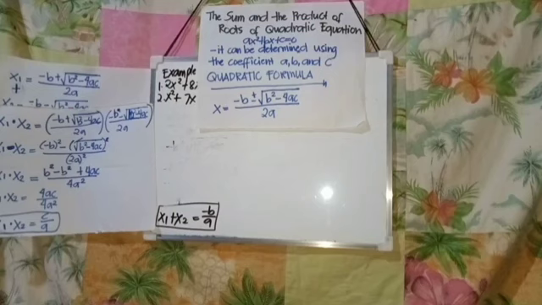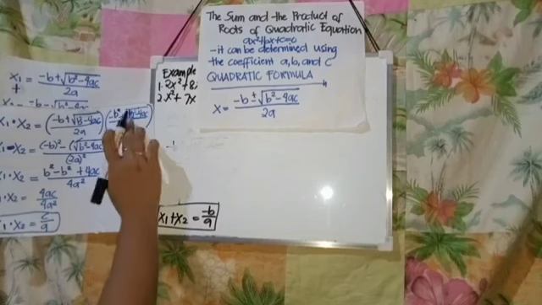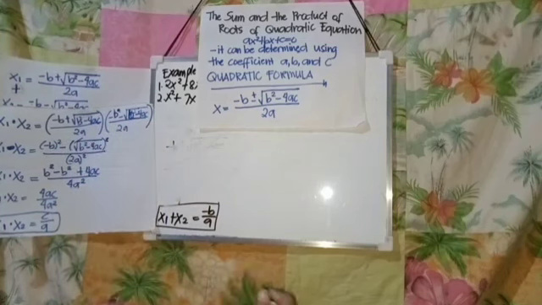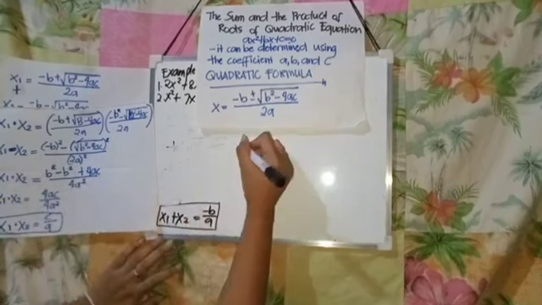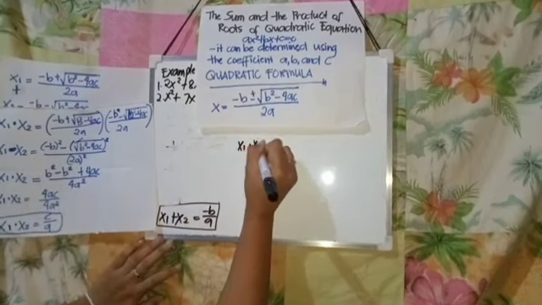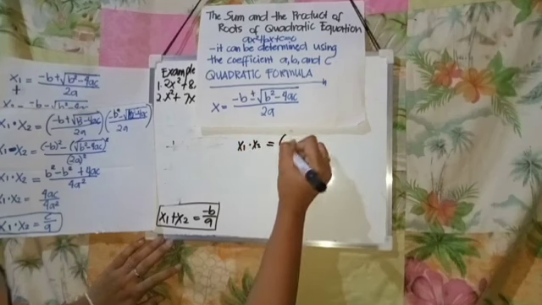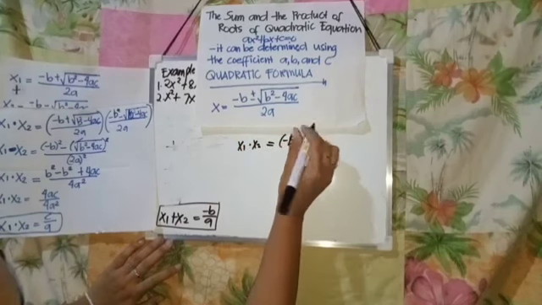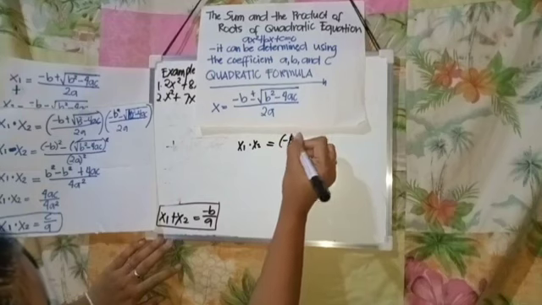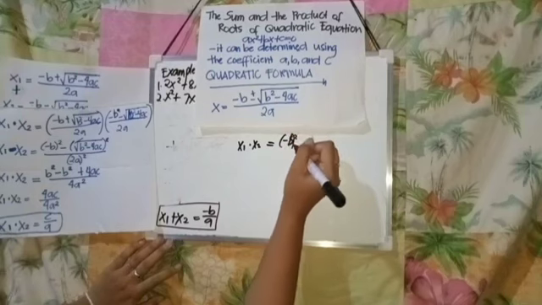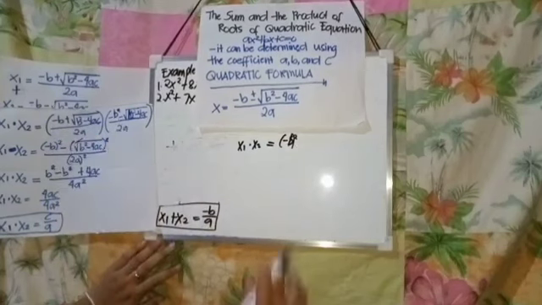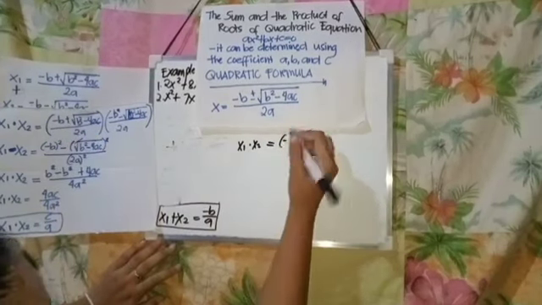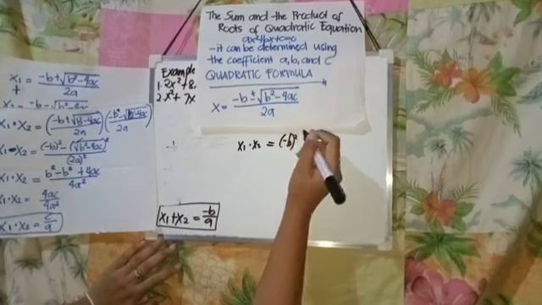Have you noticed that inside they have the same value? So we can write that in this term. x sub 1 times x sub 2 is equal to negative b squared, since negative b and negative b can combine.